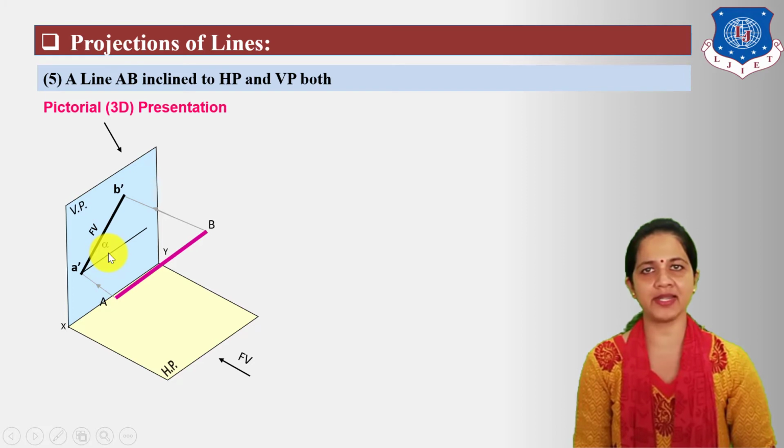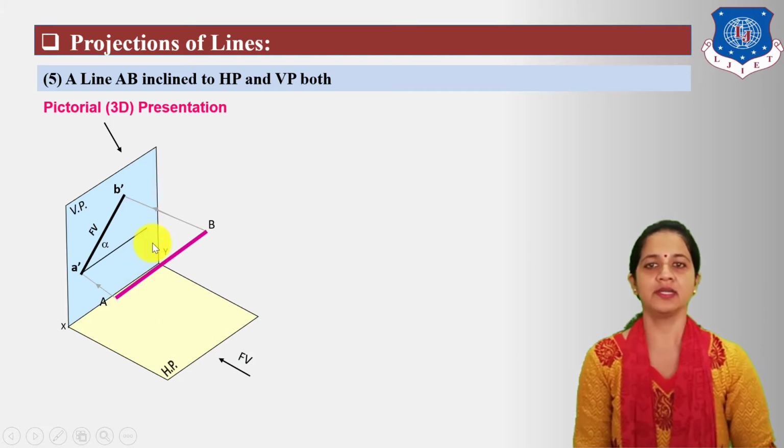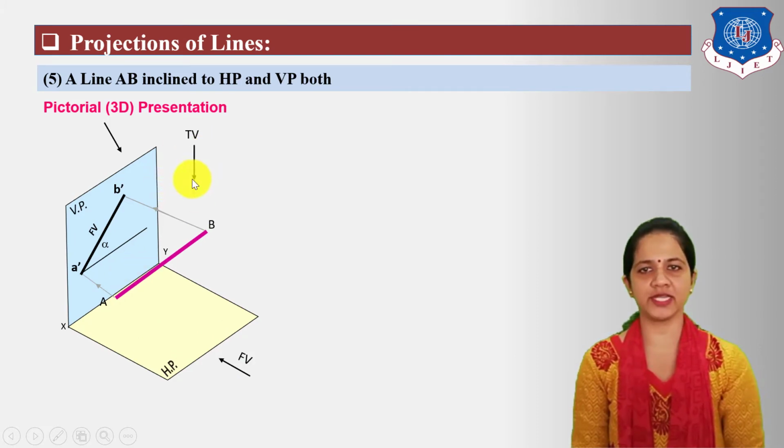It is an apparent angle because we cannot see the true angle with HP from the front direction, because the line AB is inclined to HP and VP both. Next, when we take projection from the top direction, we get its top view on HP, which is an inclined straight line.